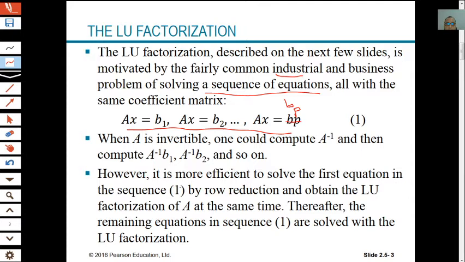However, it is more efficient to solve the first equation in the sequence by row reduction and obtain the LU factorization of A at the same time. Thereafter, the remaining equations in the sequence are solved with the LU factorization. This is a more efficient method for solving the system written here.